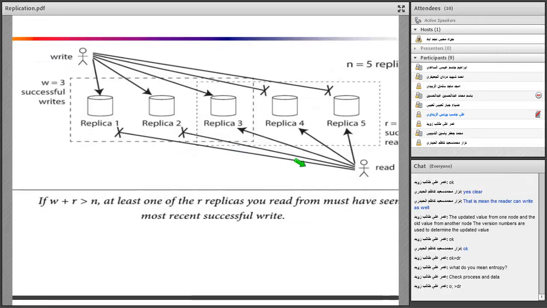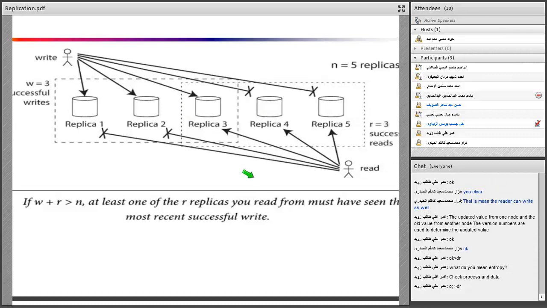On the other side, you can see there is a reader. The reader wants to get the data. The get request is sent from the reader to all 5 replicas. Again, 2 replicas, replica 1 and 2, don't get this request, and these 3 replicas get the request and respond.